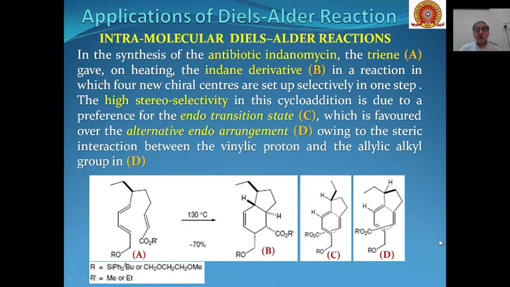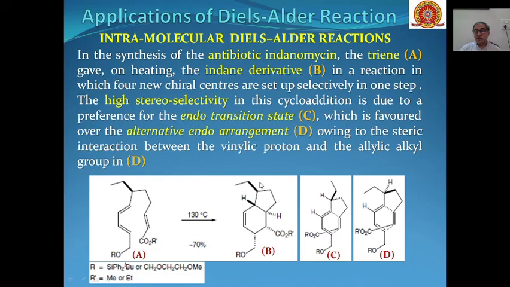Another example of an intramolecular Diels-Alder reaction is in the synthesis of the antibiotic indanomycin. Here, this substituted triene on heating at 130 degrees centigrade gives us this indene derivative B, which has four new chiral centers, 1, 2, 3, and 4.